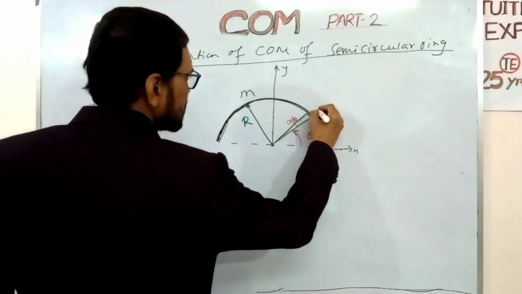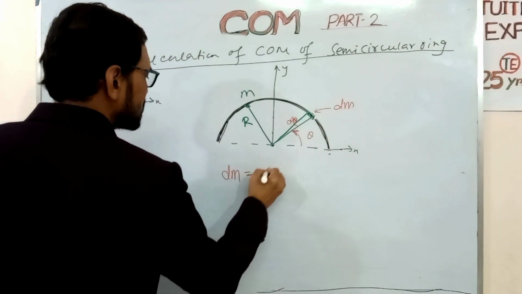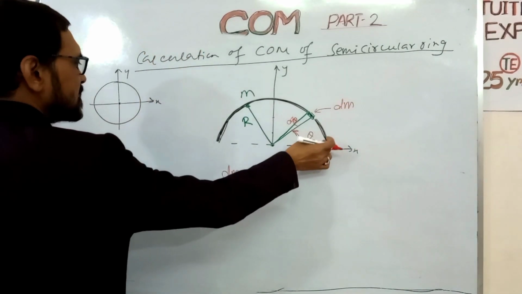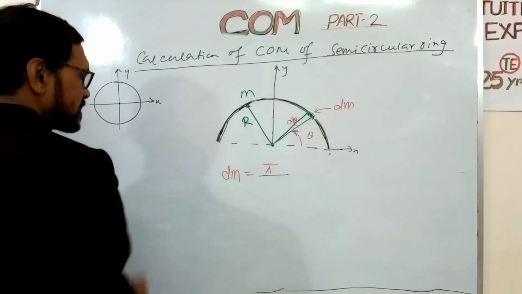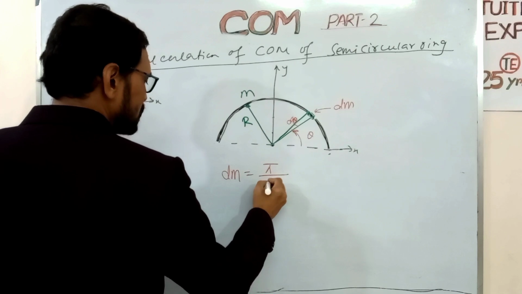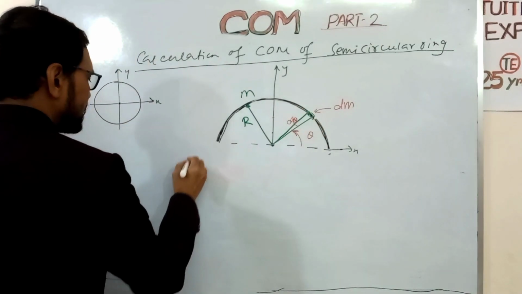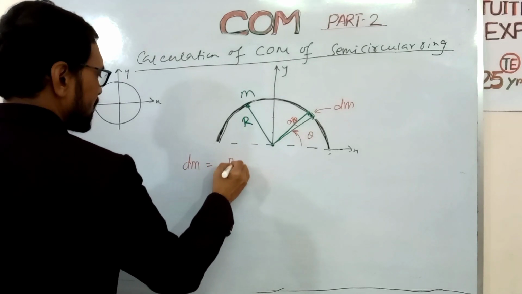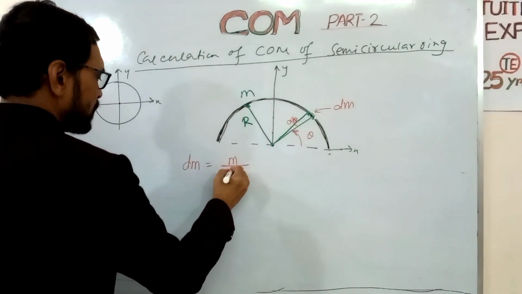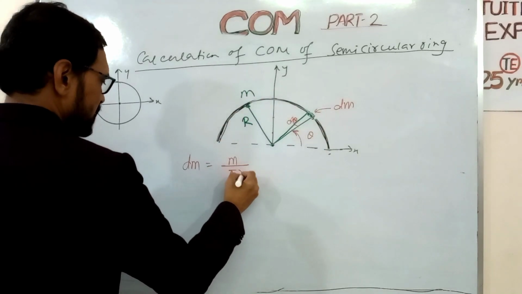Now what is the mass of the element? The mass of the element will be mass per unit length times the length of the element. Here mass is distributed along the semicircumference, which is pi r. So mass per unit length is m by pi r.